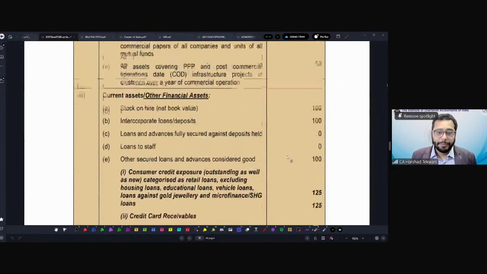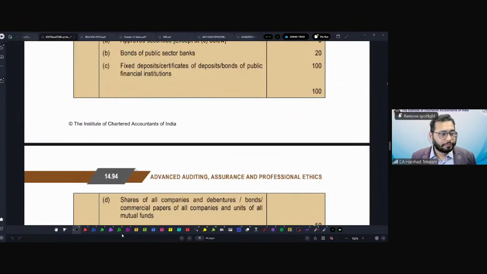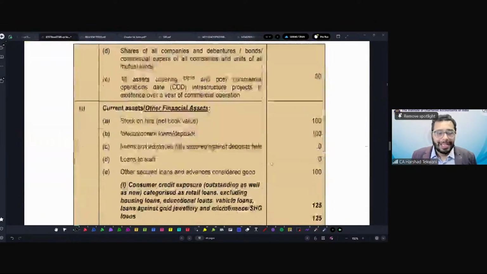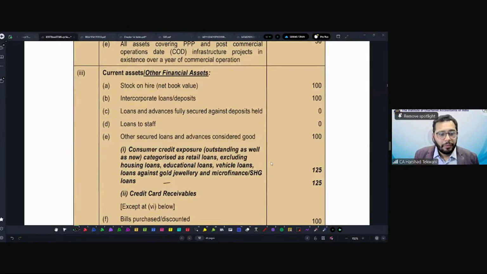For example, let's say you have 100 over here, it will become 20. Let's say you have 200 over here, it will become 200 only because it is 100%. Now, let's say you have 100 here, it will become 125.